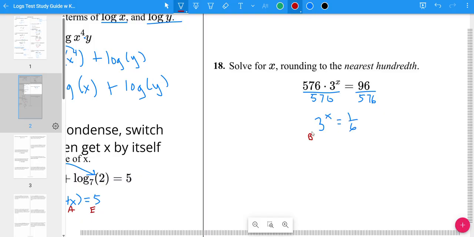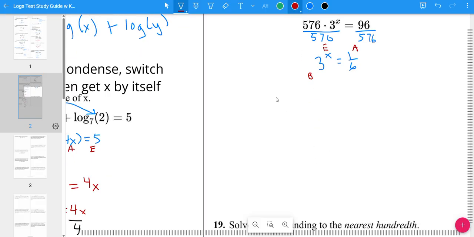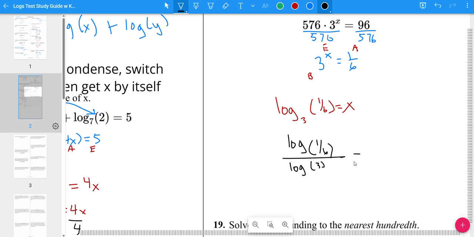Now I can rewrite that with bay, b, e, a. So logs are bay, log base 3 of 1/6 equals x. X is by itself, so that's nice. So I just have to rewrite this with base on bottom, the change of base formula. So log of 3 over log of 1/6 equals x.